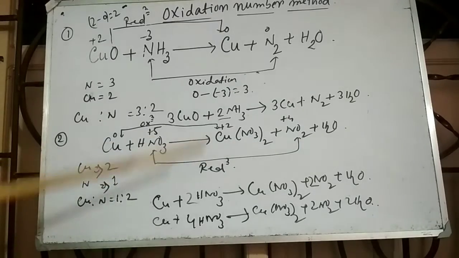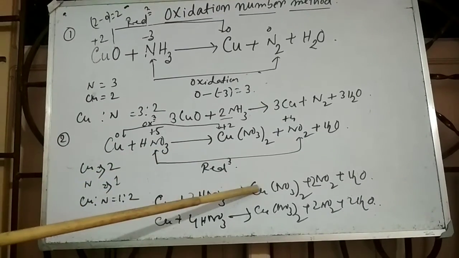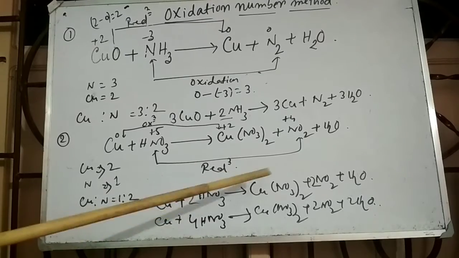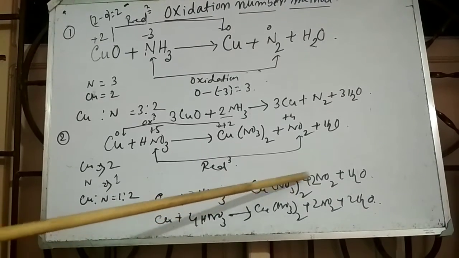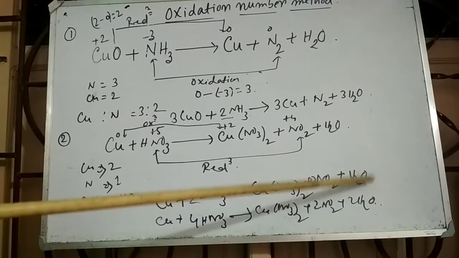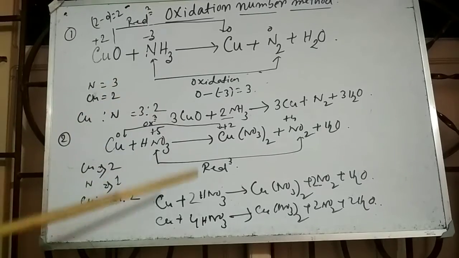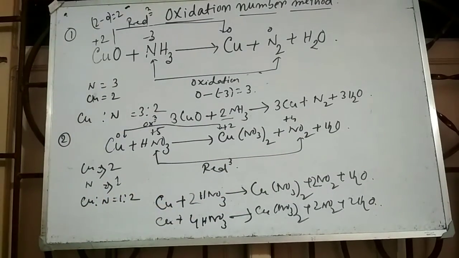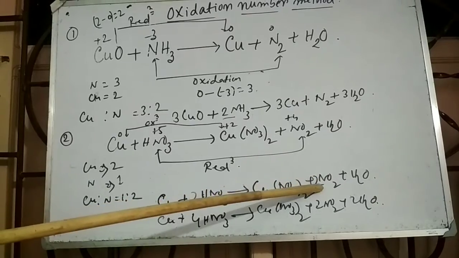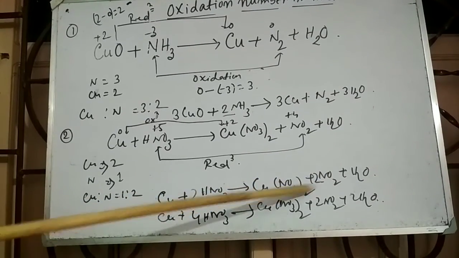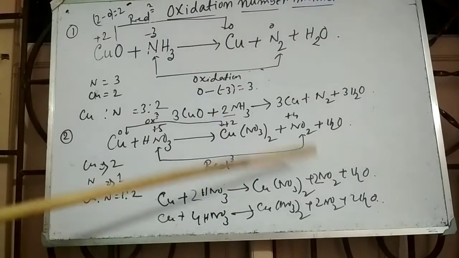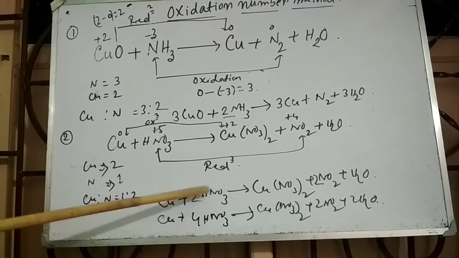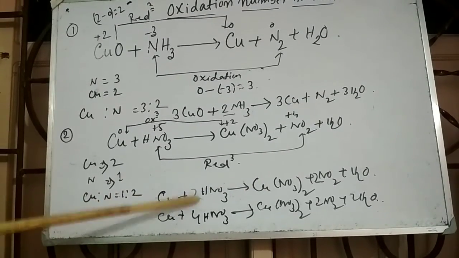Similarly, on the product side we put these values. So Cu(NO3)2 with the 1 and 2, so 1 is to 2, same 1 is to 2: Cu(NO3)2 plus 2NO2 plus H2O. Now we have seen that the number of atoms on both sides is not the same, because here the nitrogen is 2 and 2, that is 4, but on the left hand side the number of nitrogen atoms is 2.